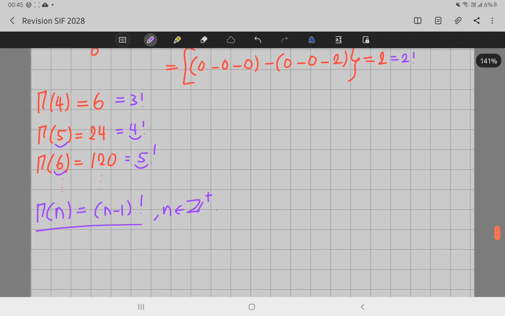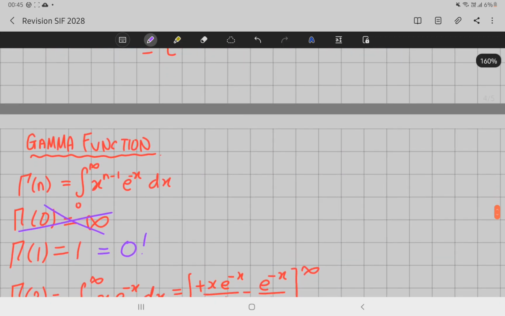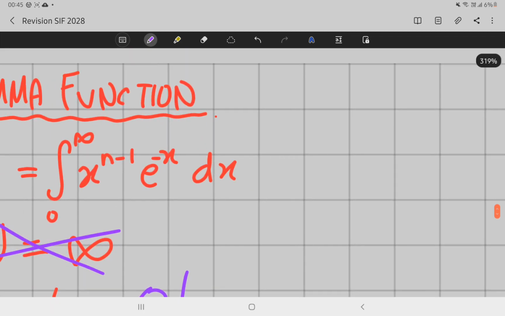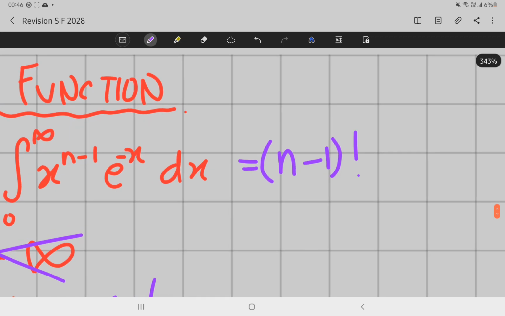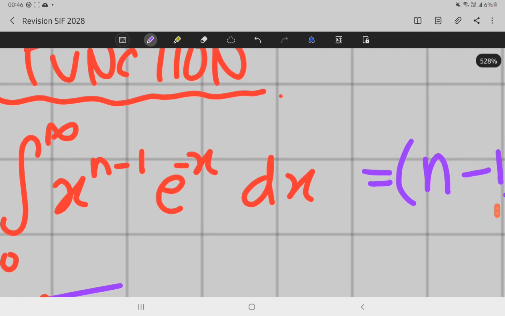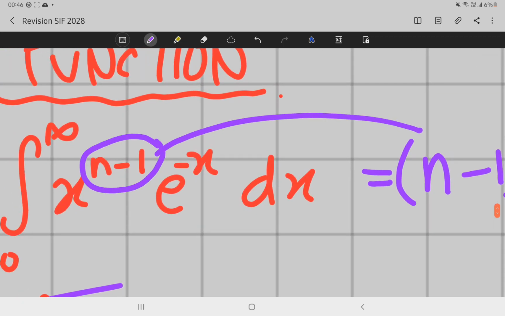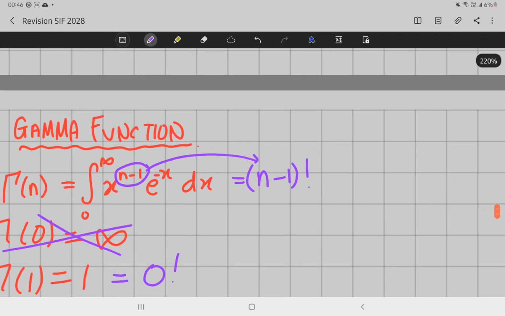The way to remember this n minus 1 factorial is from here. So that's the tip.